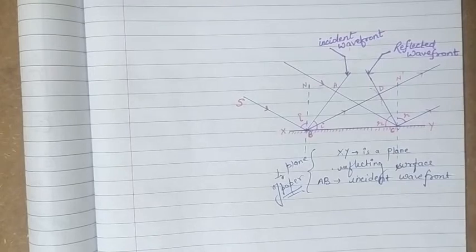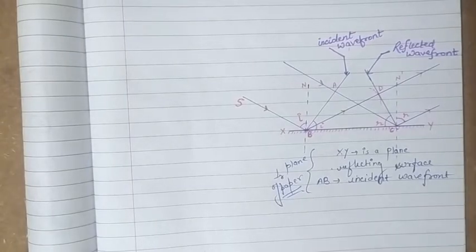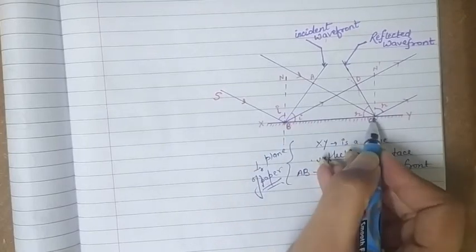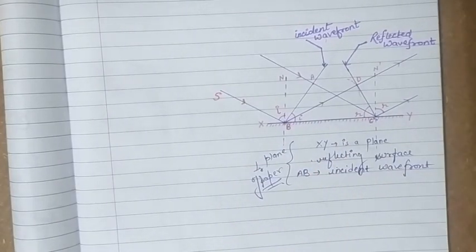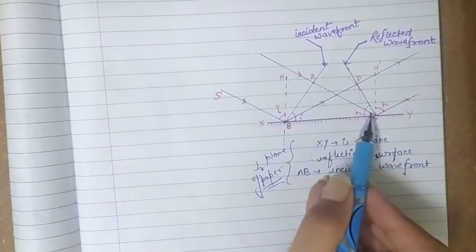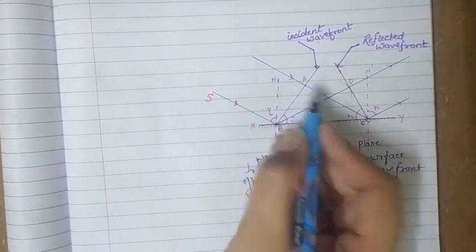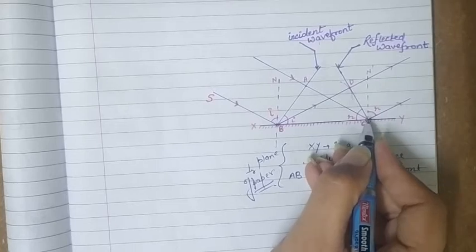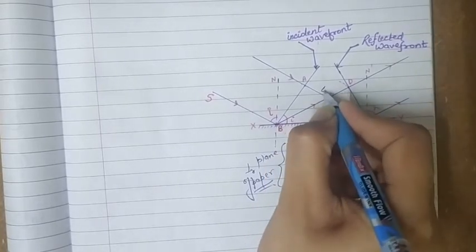Now during the time the disturbance from A reaches point C, the secondary wavelets from B must have spread over a hemisphere of radius equal to AC. Suppose the time taken by the disturbance to reach point C from A is t and its speed is c.